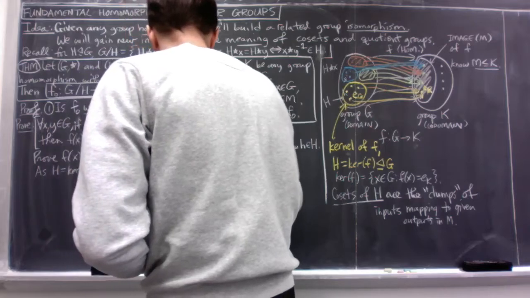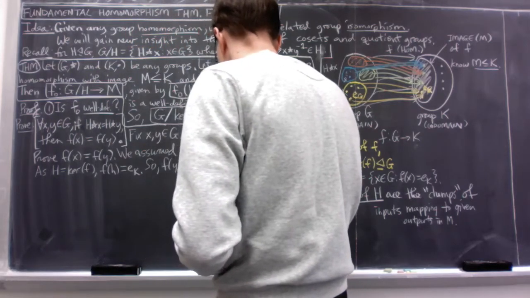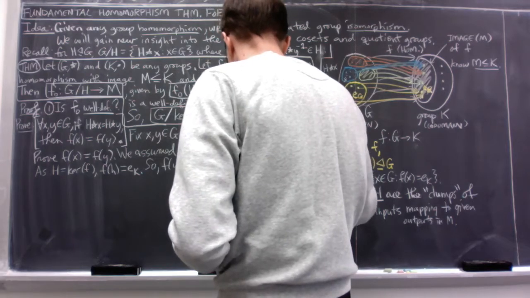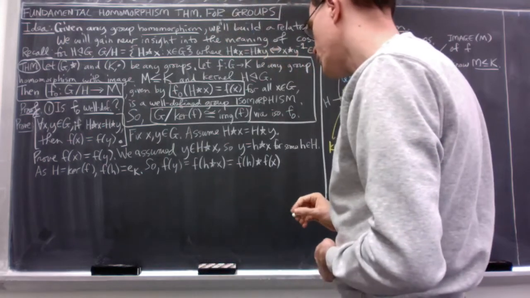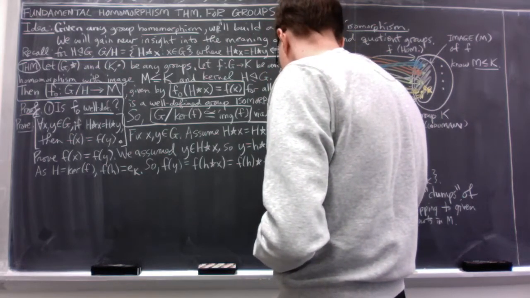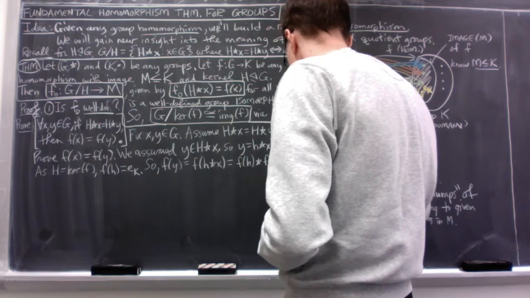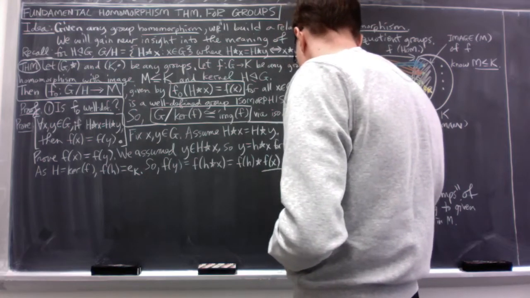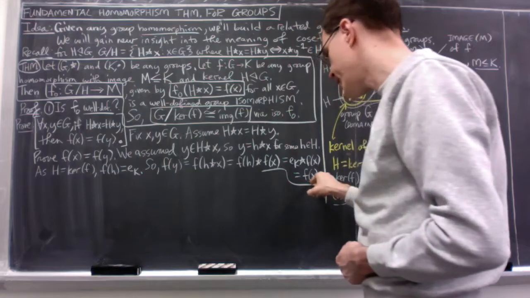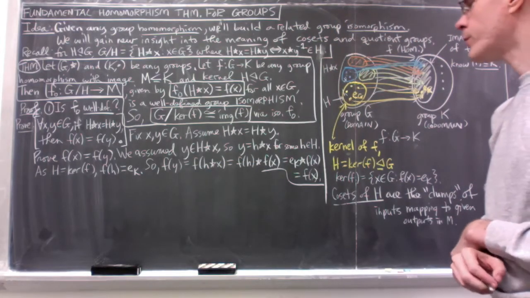F of y is F of h star x. F is a homomorphism, so that's F of h star F of x. F of h is e sub K. And so by the identity property, I get F of x. So F of y is equal to F of x. So it is well defined.